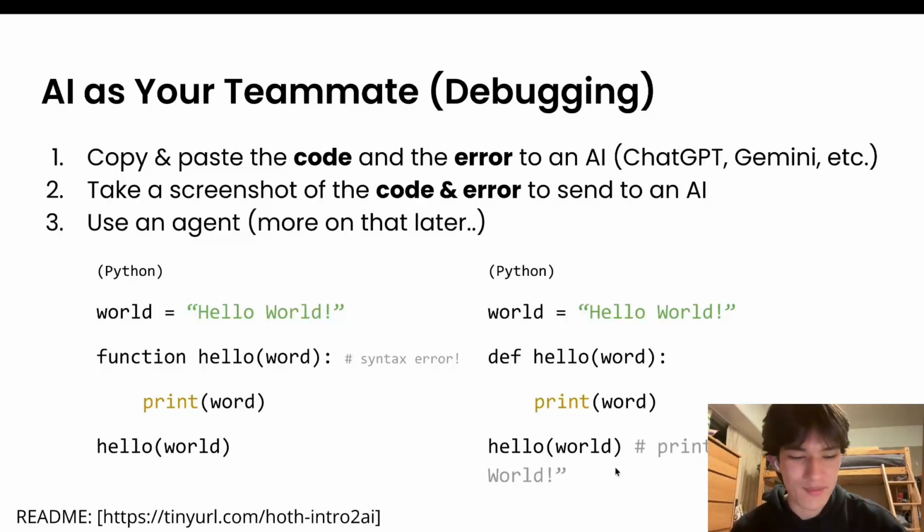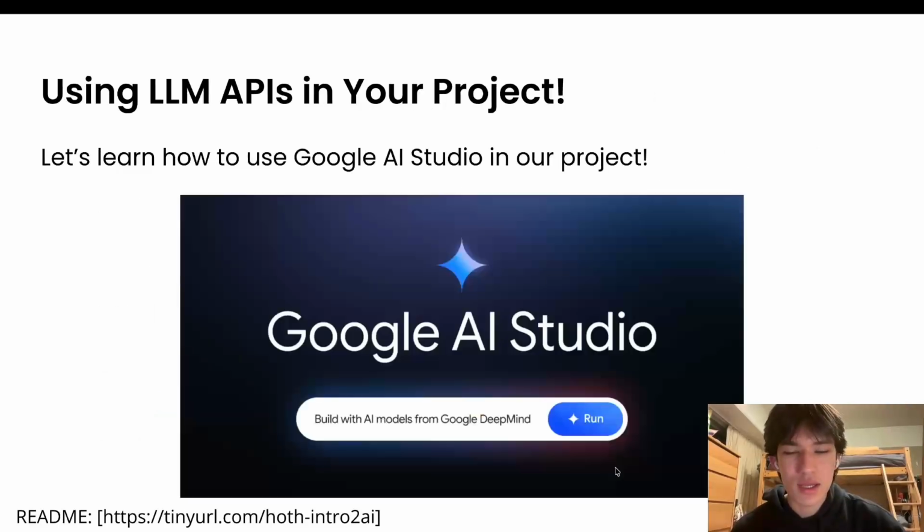Sweet. Okay, awesome. So now let's talk about using LLM APIs in your project. So up until now, all we've really done is prompt ChatGPT and just get a text response, right? So now what if we want to use that AI model in our project to make decisions or give us some output whenever we want?